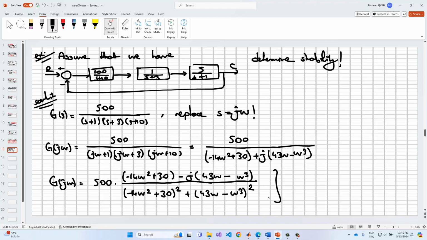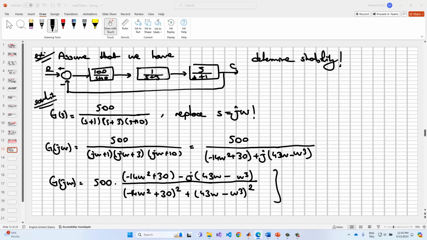Just remember, this is the complex conjugate form. Okay, and so we replace s with jω here.